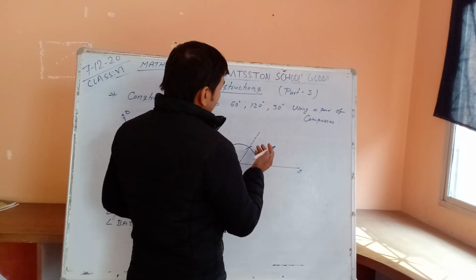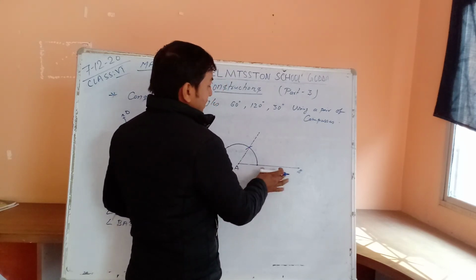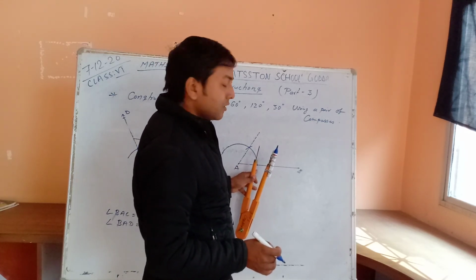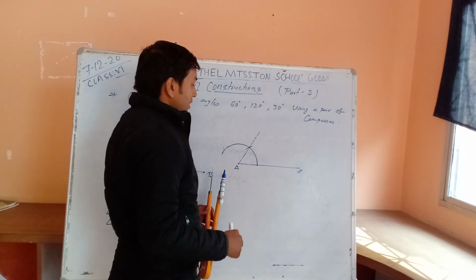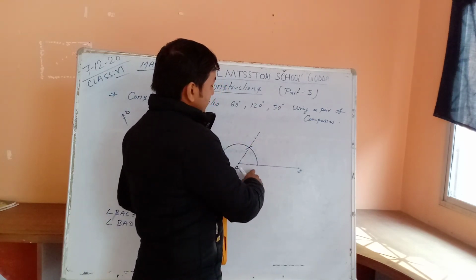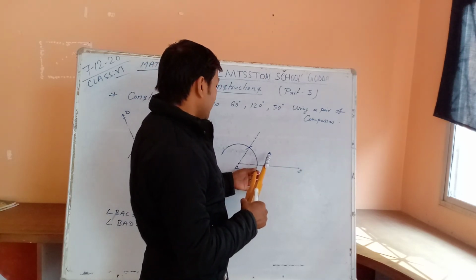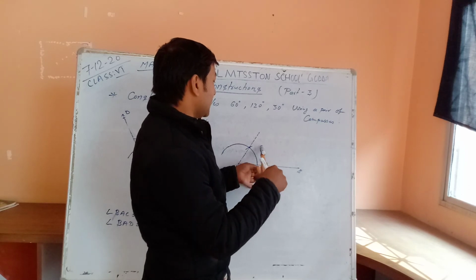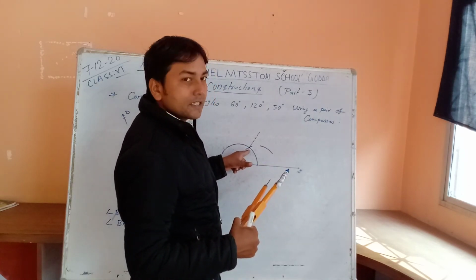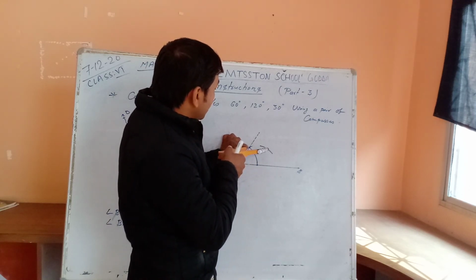So you got 2 points. First, that cuts AB here, but it is not given any name, you can give any name. And here, second, first and second. And now at the center of this point, you have to take an arc, and from the second point, you have to cut this arc.